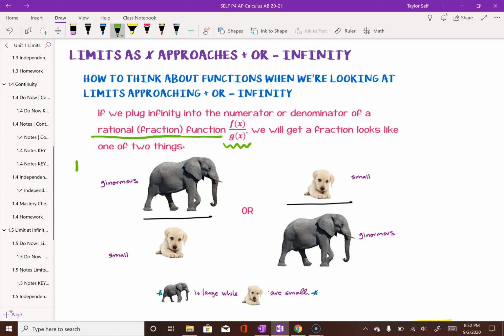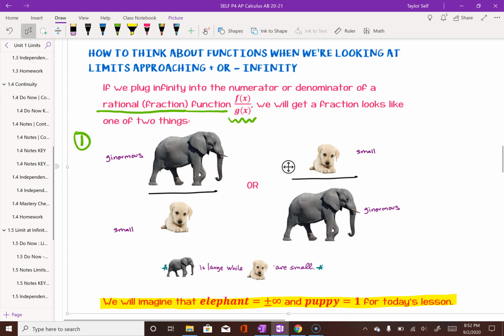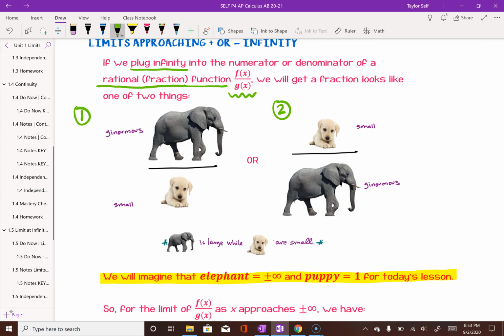One, you're going to get ginormous over small, something giant over something small, or two, you're going to get something small over something ginormous. That's if we plug infinity into a rational function. Okay, so I want you to simplify this in your own words. These are fractions, and this means over, right? Ginormous over small, small over ginormous.